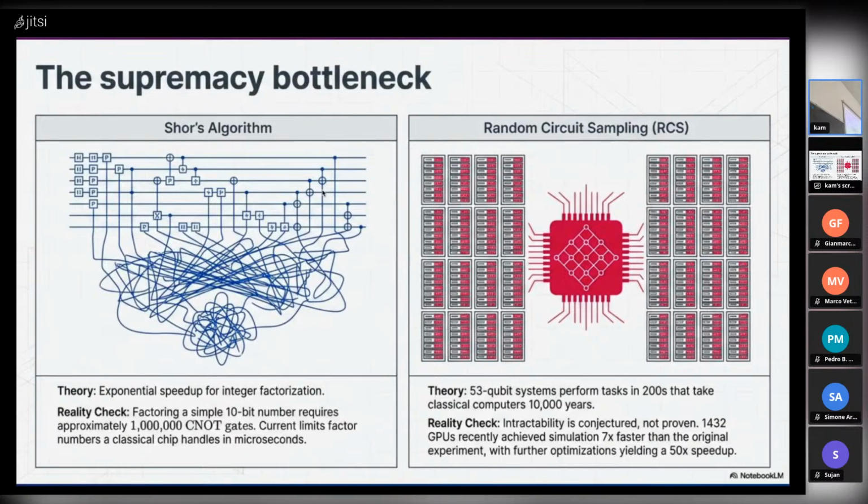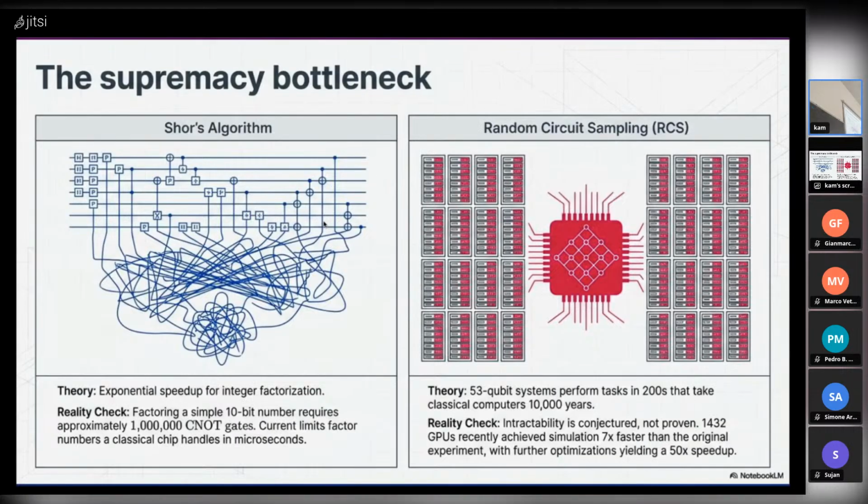And there's another task, what they did in 2019, the random circuit sampling. It's not the strict one, it's a doable one. Historically in 2019, with 55 qubits, they performed a task in 200 seconds, and they claimed that a classical computer would take 10,000 years to do the same task.